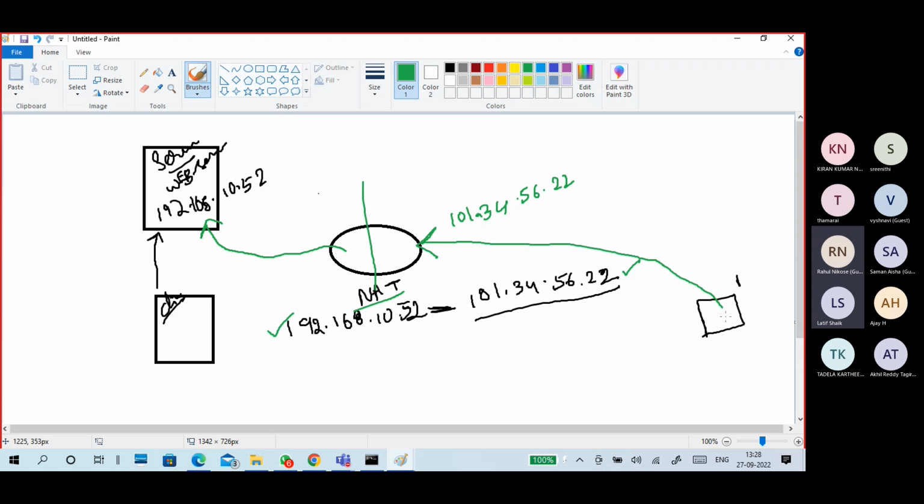So the client is accessing our server with the public IP address, but the server receives a packet with its own IP address. This translation is called network address translation. It maps an internal or private IP to an external or public IP.